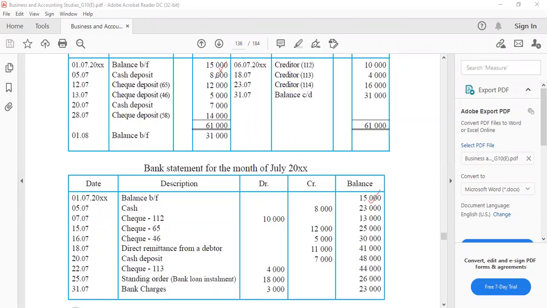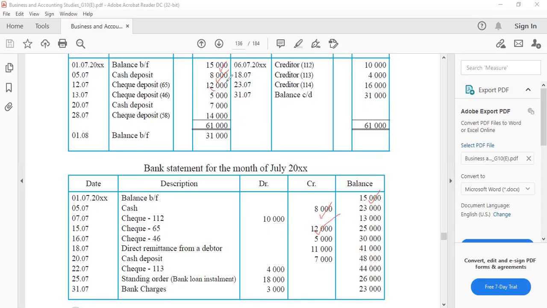And the next one, cash deposit 8,000. You can see here in the credit side of the bank statement, you have 8,000. And the next one, check deposit 65, which means check number 65, 12,000. Here you can see in the bank statement, check number 65, 12,000.